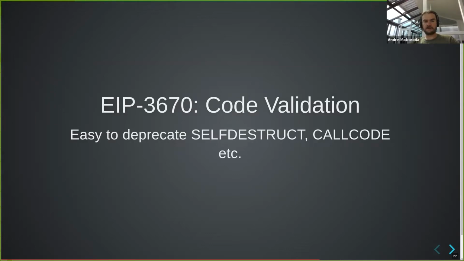It's as easy as excluding them from the list of the defined ones, and according to the validation procedure of EIP-3670, any contract with these opcodes will be rejected. We generally think it's a good idea. We're in favor of doing it. It's not currently part of the EIP, but we want some more feedback regarding whether it should be the same EIP-3670 or we should make another one for this. But in general, we're in favor.